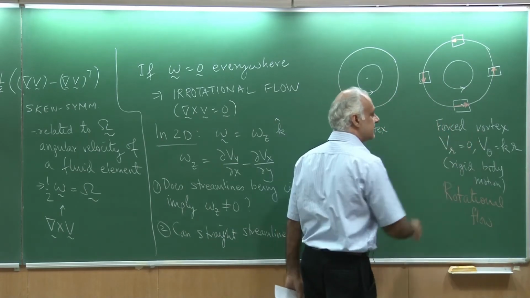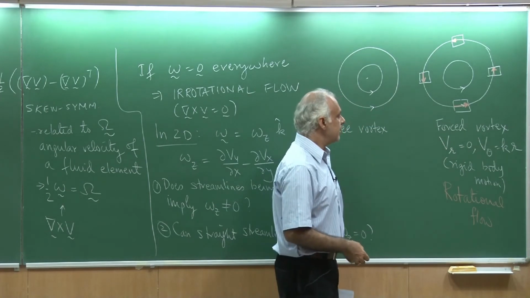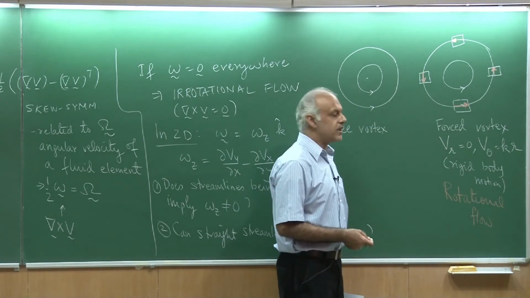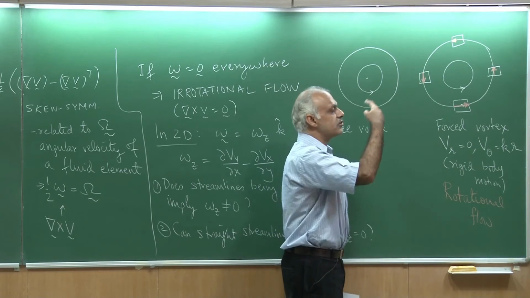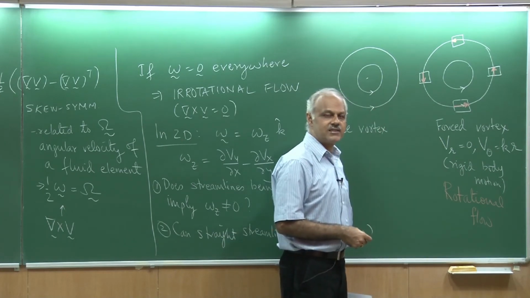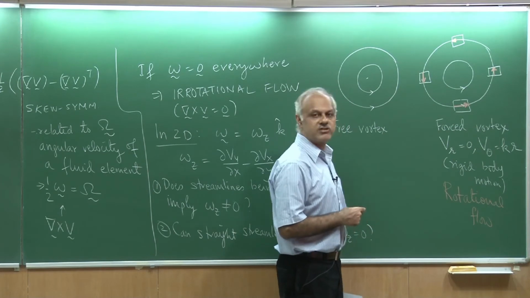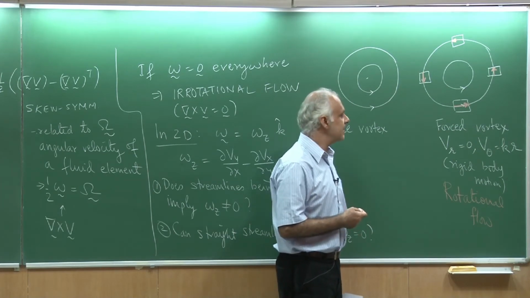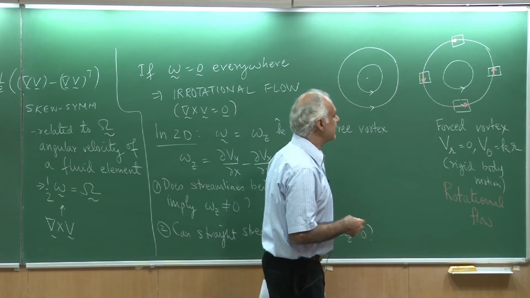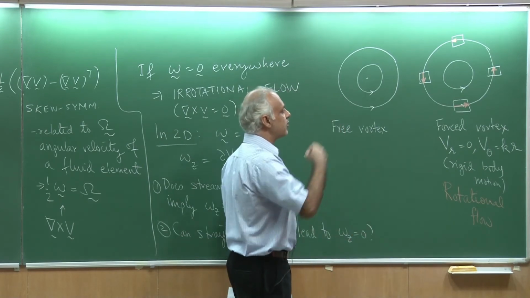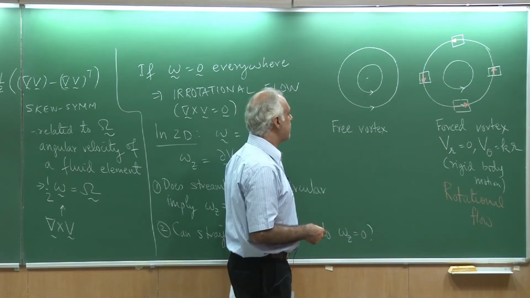It is a vortex because my fluid elements are doing some kind of revolution about a central axis. So that's what a vortex is. You would have some kind of closed streamlines. They need not be circular, they could be elliptic, but the fluid element makes some rotation about a central axis.